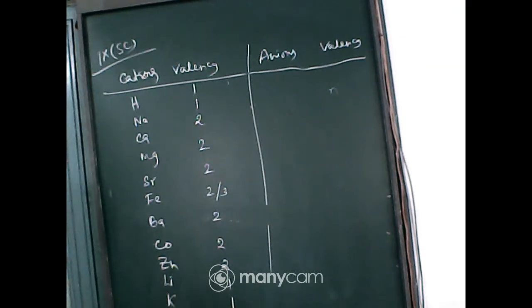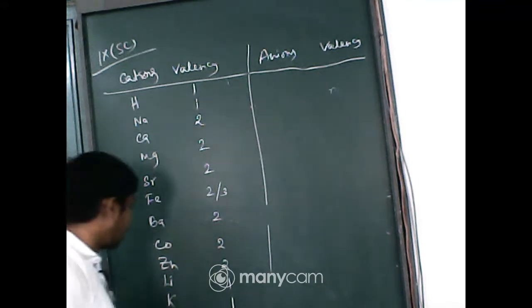You can see the lower half of the board. Up to which you can see zinc, lithium till K. Okay, only copper is left there.